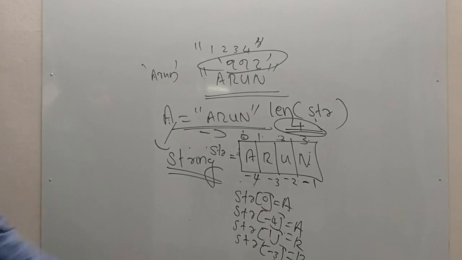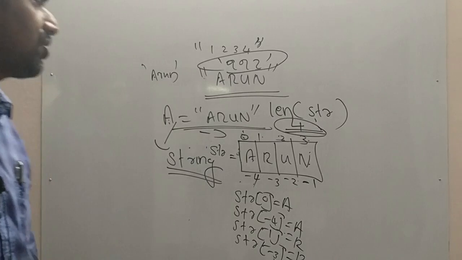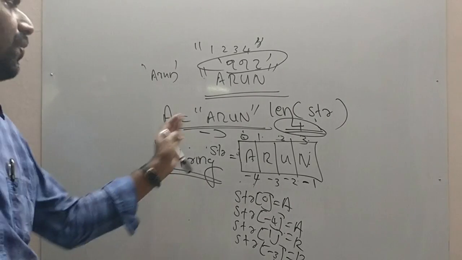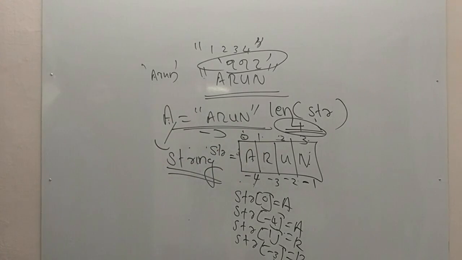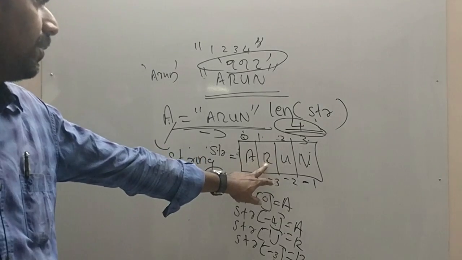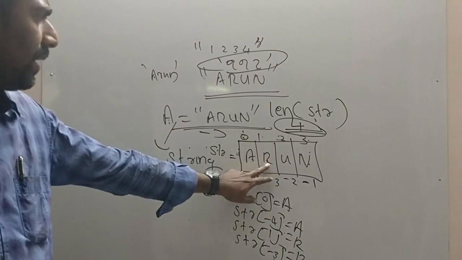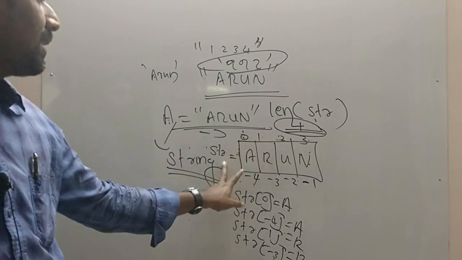Then we can access the elements in a string using their index number. There are two types of index number. One is forward indexing and another one is backward indexing. Suppose here if I want to take the element R, it resides at str of 1.